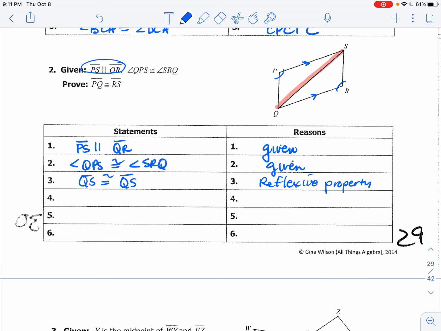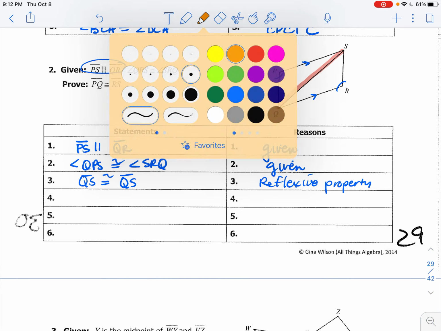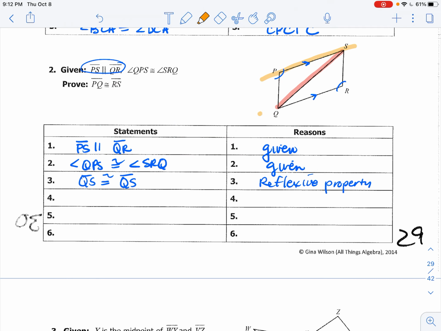And let's see. If we know that we've got some parallel sides and a transversal, then we also know some alternate interior angles are congruent.